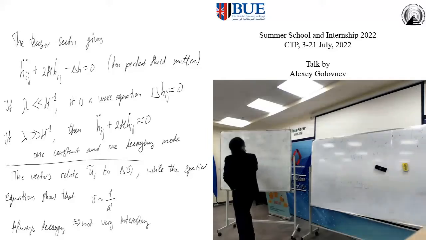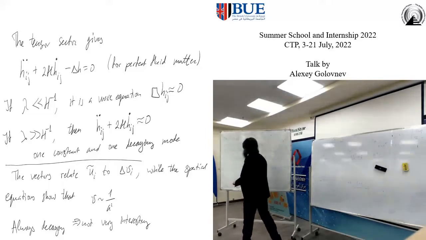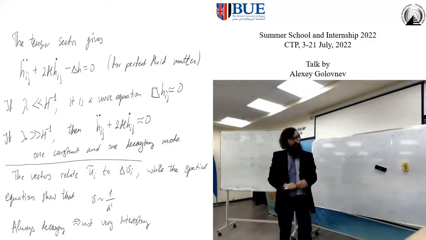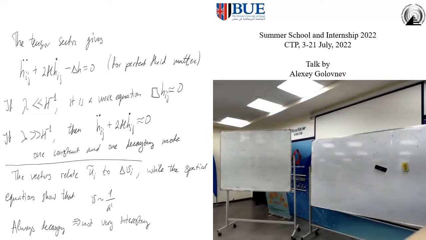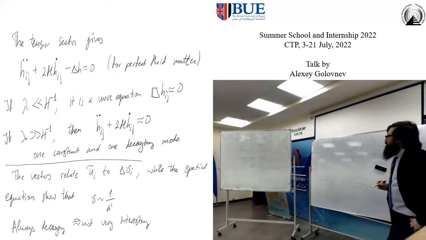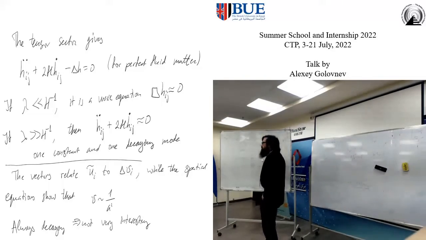And another contribution goes here in the spatial components. And in the spatial components, my ideal fluid does not give any contribution, because this contribution will go like that, and that's second order perturbations. So basically, in linear theory, this part should be equal to 0.